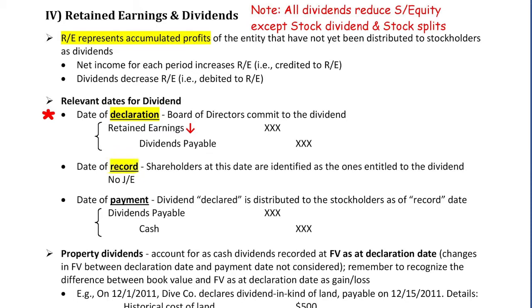Now on this date shareholders are identified and those are the shareholders entitled to receive the dividend. But there is no accounting journal entry, no journal entry. Then you have date of payment. Now on this date the dividend declared is distributed to the shareholders as of the record date. So the dividend payable liability is now paid out in cash. So you've got cash paid out.